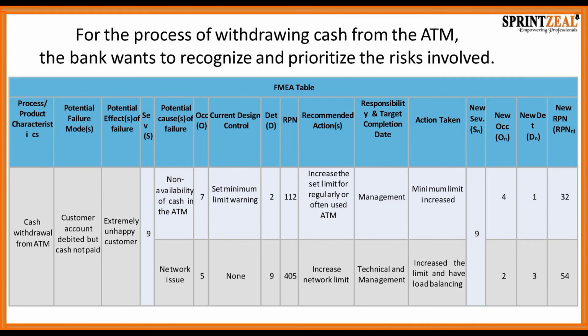And our detectability for the network issue in the FMEA also went down from 9 to 3. And then finally, our new RPN is calculated, and it's 32 for the ATM cash withdrawal and 54 for the network issue. And that concludes learning all about an FMEA.